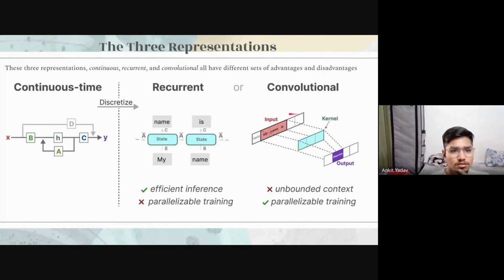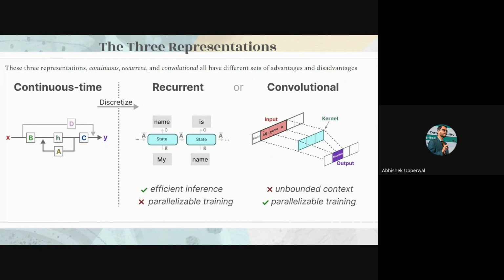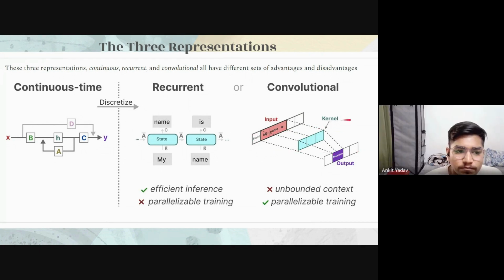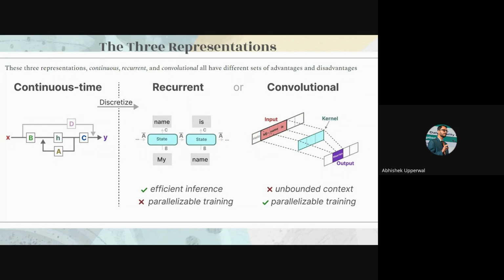So I think you are asking how this convolution comes into the picture in comparison to the transformer, and what they are doing. For example, you take a text like, my name is Abhishek. I think we will apply some kind of tokenization on top of that text, and then ultimately expose it to our Mamba, right?